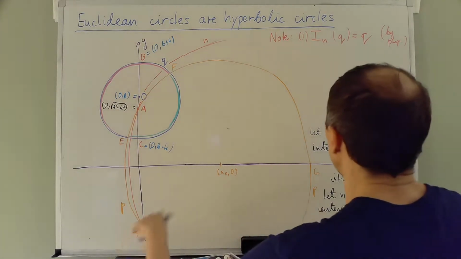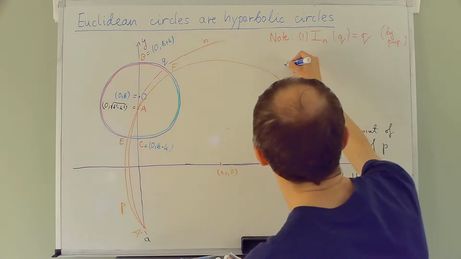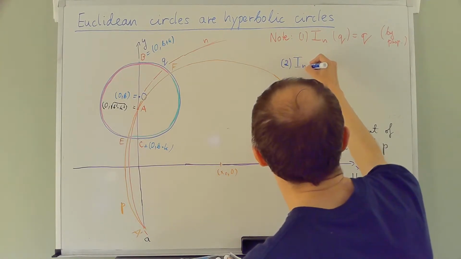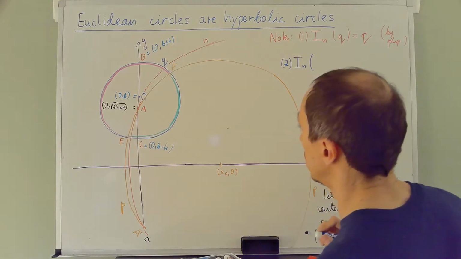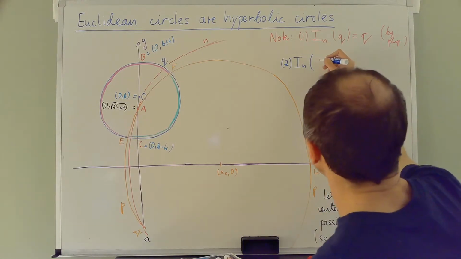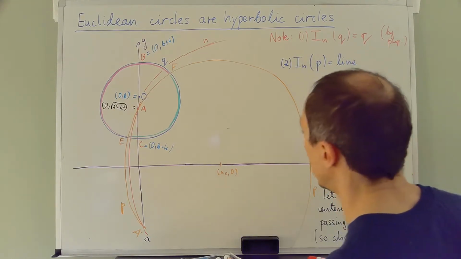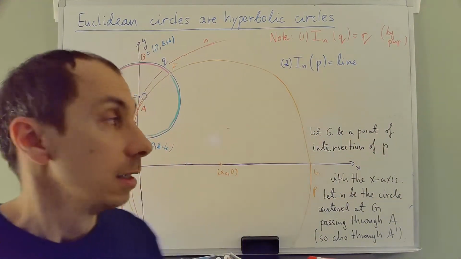What's the second thing to note? Two, I_N of the circle P is a line. Why is that?